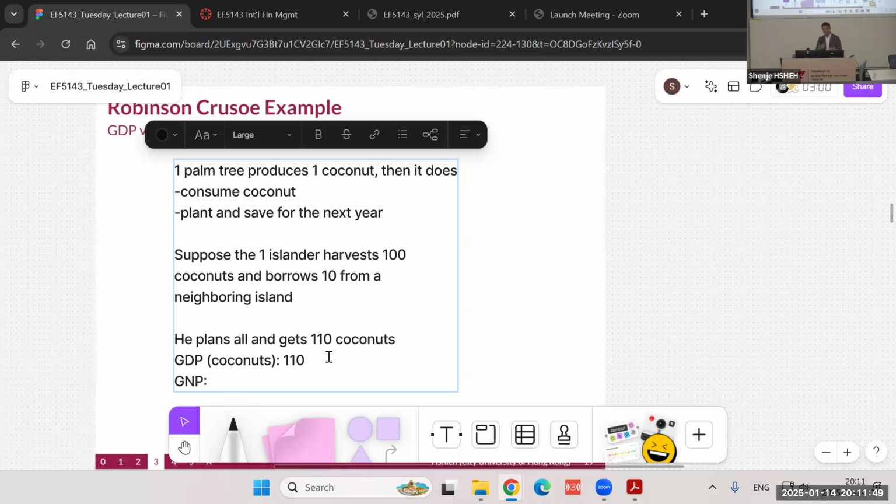Agree? It borrowed some coconuts in the beginning. So after servicing its debt of 10 coconuts, what is left is the income generated by the island, which is 110 minus 10, which is 100.